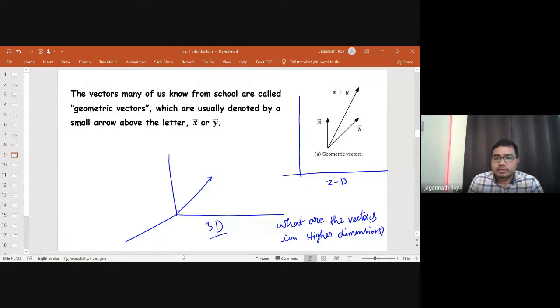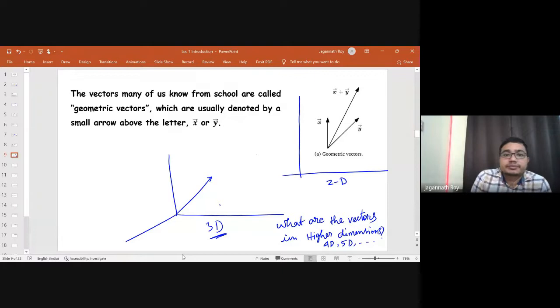Maybe 4 dimension, 5 dimension, or higher dimension, and so on. We can draw and visualize up to 3 dimension. More than that, we cannot do. So after 3 dimension, what do we have to do? Everything we need to work on in an abstract sense.